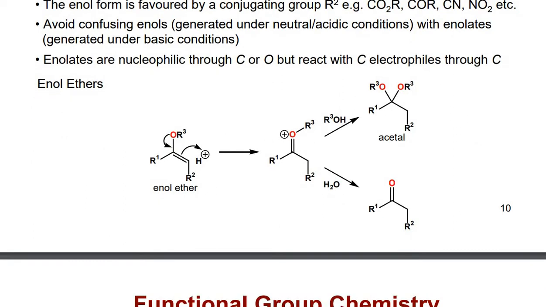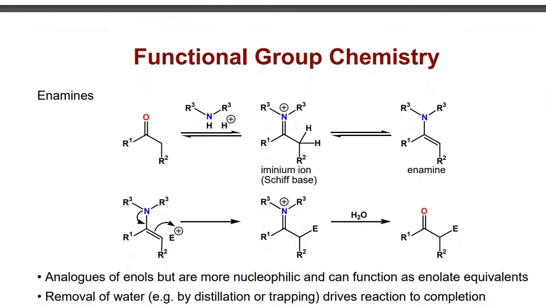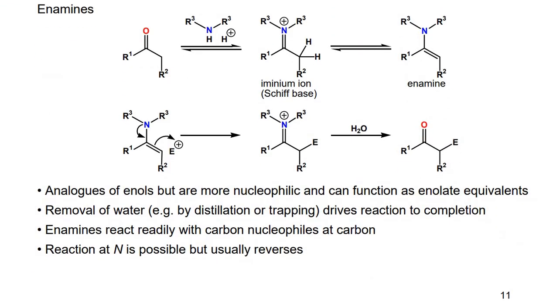Look at enol ethers, acetals, and carbon double bond oxygen, with oxygen having a positive charge. Now enamine, iminium base. Look at here, analogous to enol but more nucleophilic and can function as enolate equivalents.